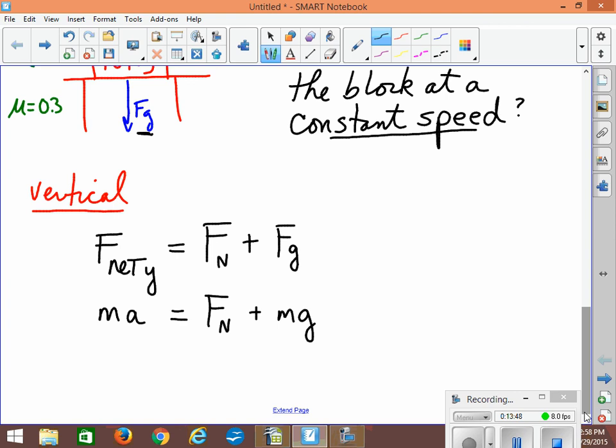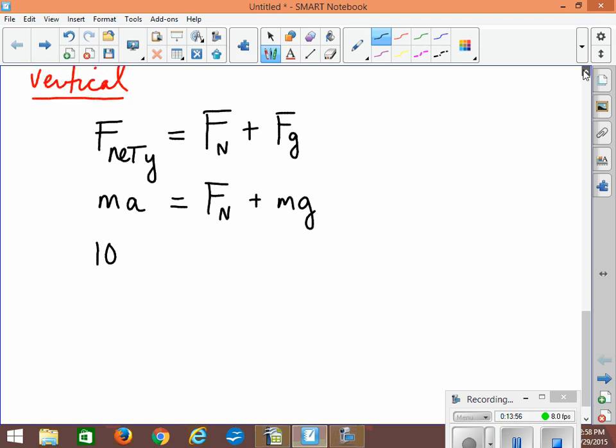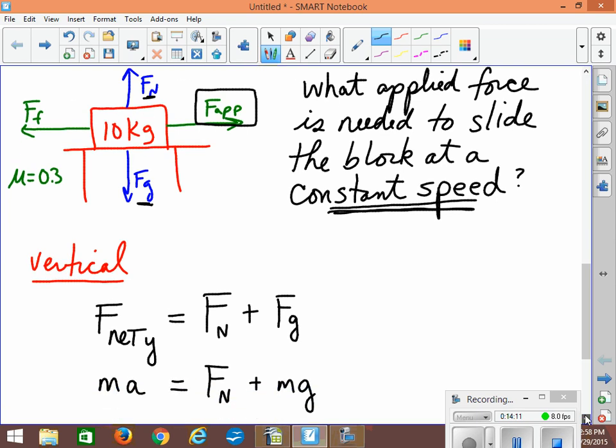So then I go down here and I say, what can I put into this equation? Well, I know that the mass is 10, but since we're talking about up and down, I know that this block is not going to accelerate up or down, is it? In fact, it's not going to accelerate anywhere because even when we push it, we want a constant speed. So there's not going to be an acceleration.